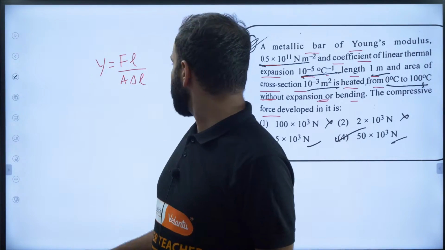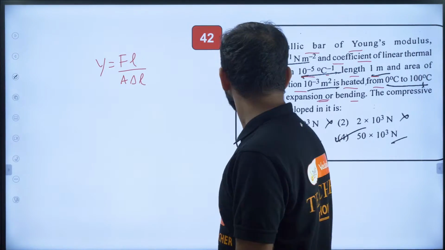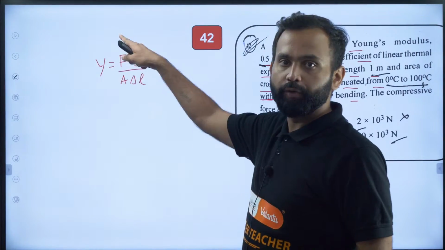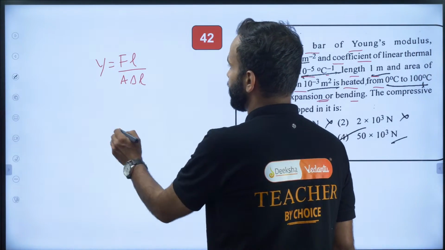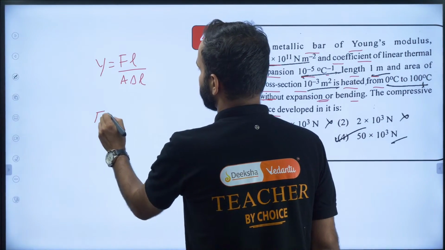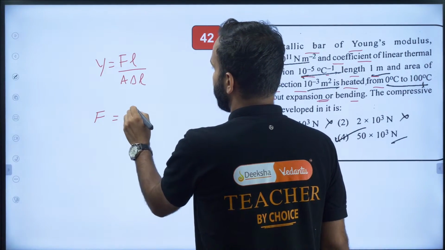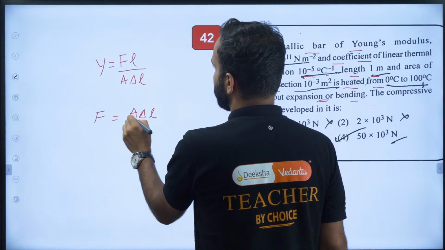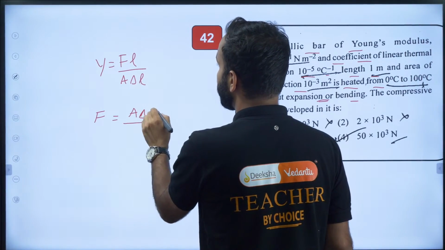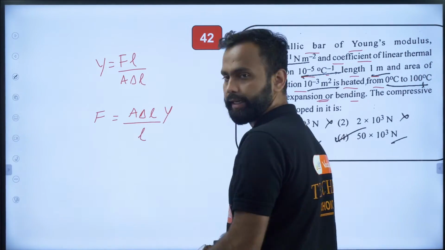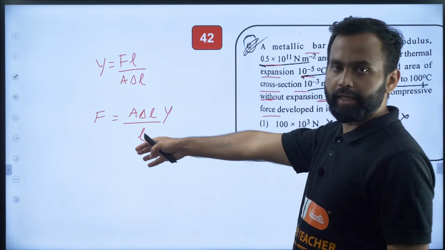Now here Young's modulus is given, so we need to find the value of force. The force F is equal to Y into A into delta L divided by L. Now substitute the given values.